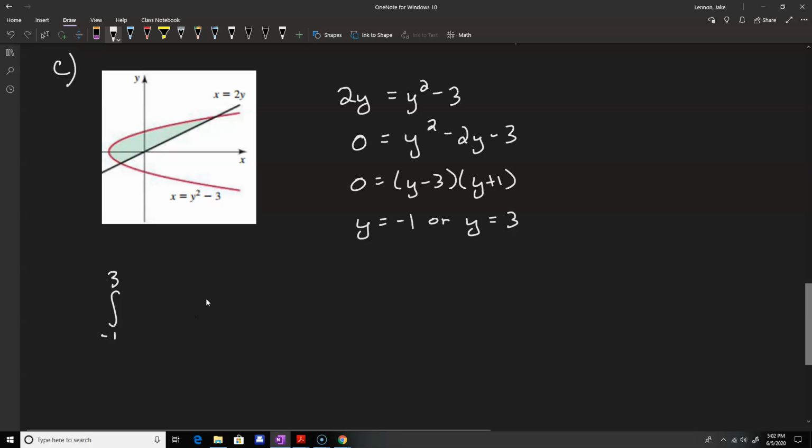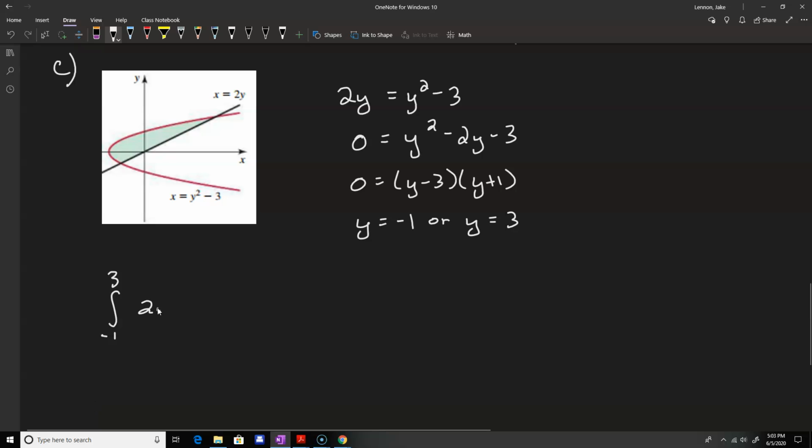And the curve that's on top, or in fact, I believe actually we want to think about the curve being to the right. So we're creating horizontal slices here, but the slices are moving upward. So we're going to be taking 2y and then subtracting the y squared minus 3 curve to get our width, let's say.